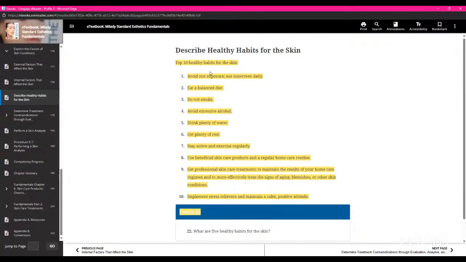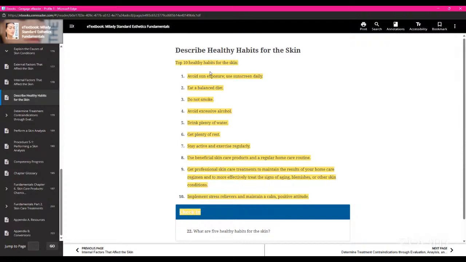Here's the wellness coming in, the balanced diet. So what I'm gonna challenge you with is, as you find out what's going on with a person's skin, also educate them on ways they can do better. Drinking plenty of water, getting plenty of rest. This is the wellness aspect of what makes the skin amazing.